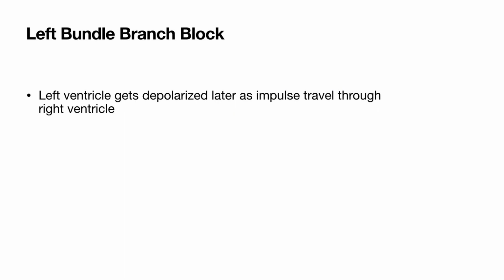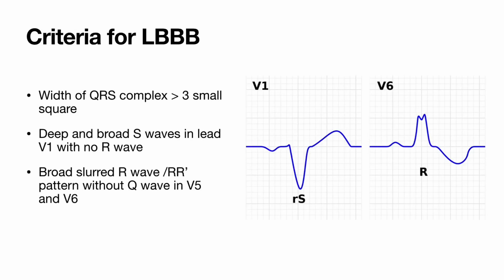Left bundle branch block. If conduction down the left bundle branch fails, the septum becomes depolarized from right to left, causing a small Q wave in lead V1 and an R wave in lead V6. The right ventricle is depolarized before the left, so despite the small muscle mass, there is an R wave in lead V1 and an S wave in lead V6.